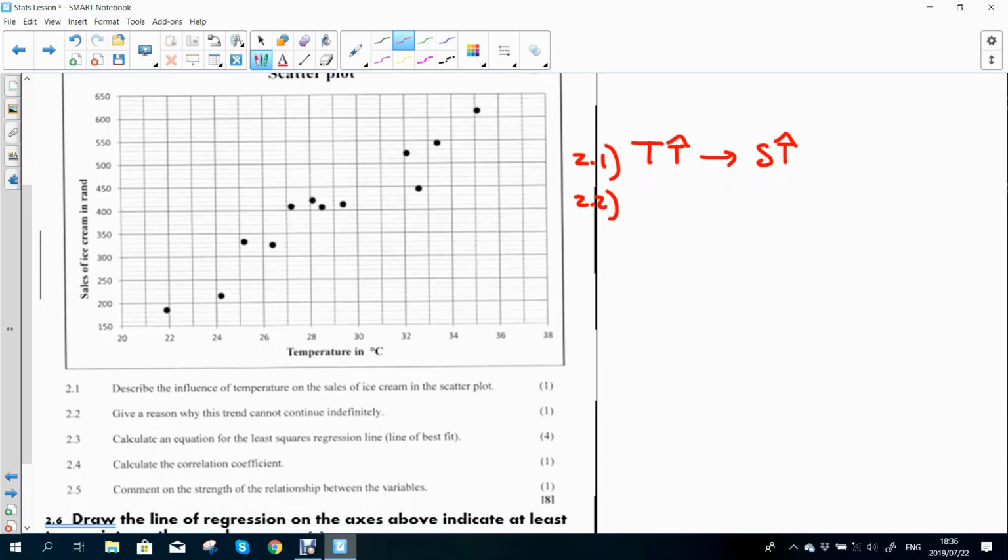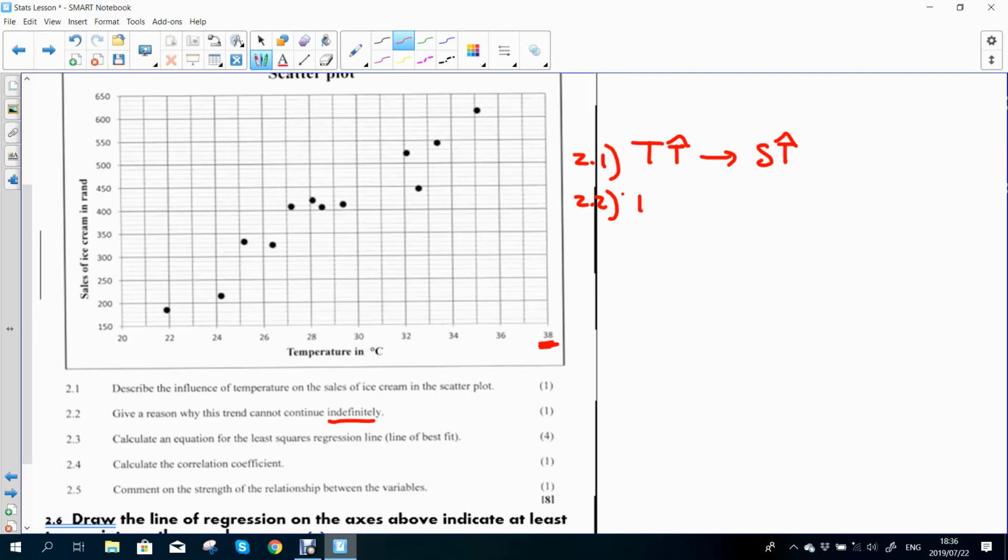Give a reason why this trend cannot continue indefinitely. So if I want to go on and on and on, why can't I do that? Guys, the temperature can't keep on rising. We can't live at a 60 degrees Celsius temperature.